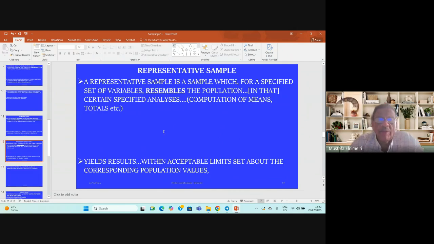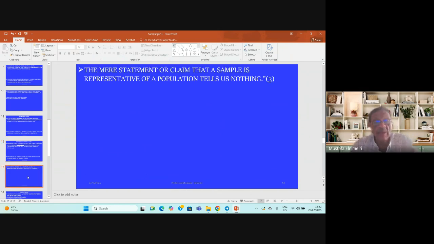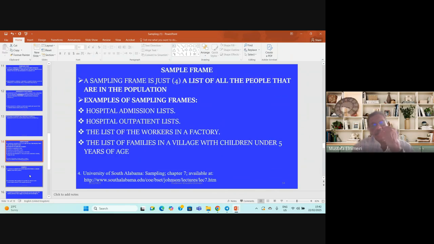A representative sample is a sample which, for a specified set of variables, resembles the population in certain specified characteristics, and thus yields results within acceptable limits set about the corresponding population values. The statement or claim alone that the sample is representative of the current population tells us nothing about whether it is actually representative.